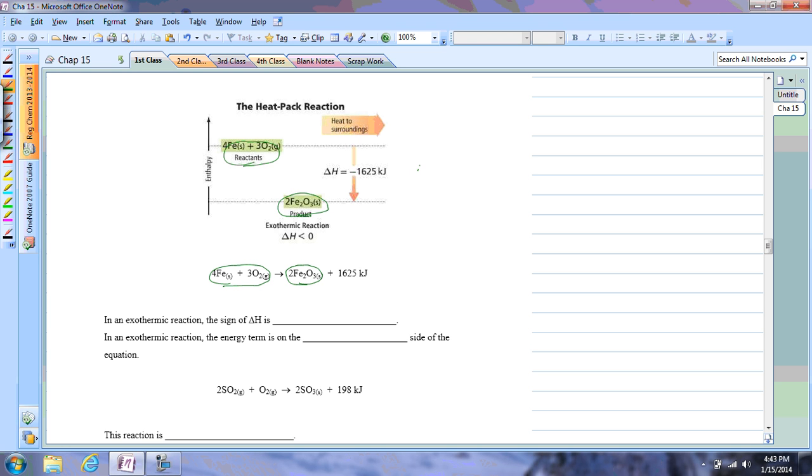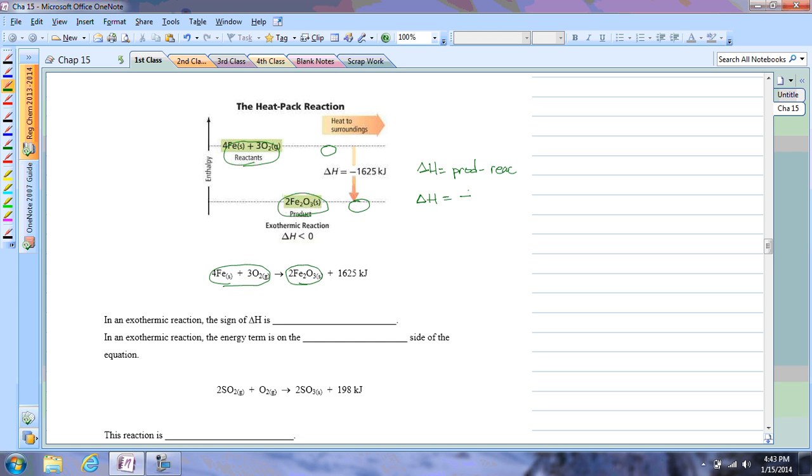If delta H is equal to the products minus the reactants, and our products are at a lower value than the reactants, delta H will equal a negative number. So in an exothermic reaction, delta H will be less than 0.